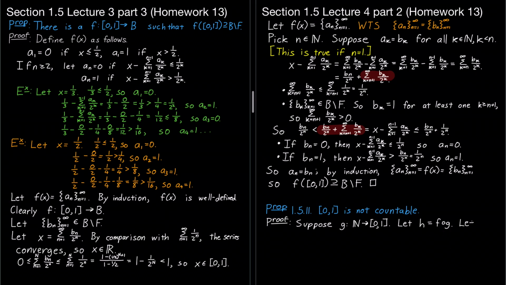And let's let A be the set of all natural numbers n such that h of n is in B minus F. So h is a function from A to B minus F. B minus F is uncountable.